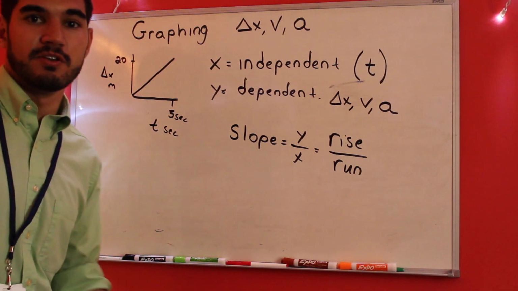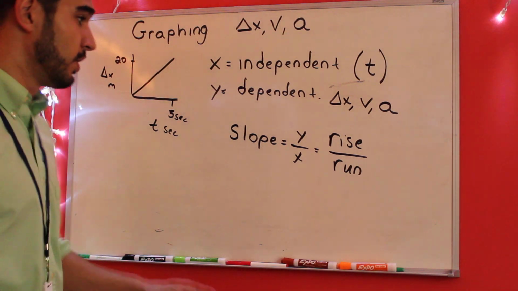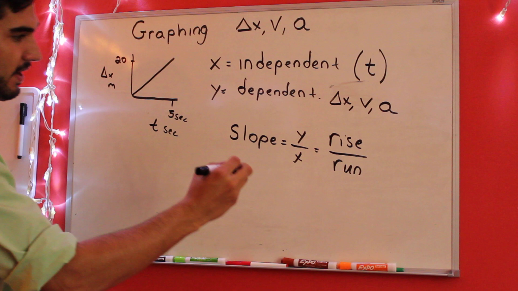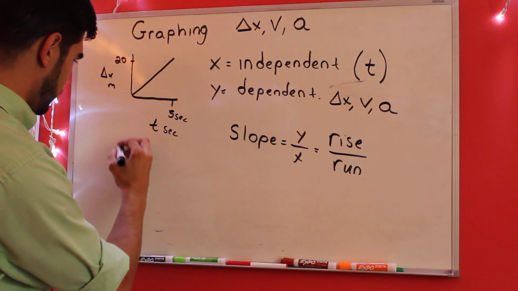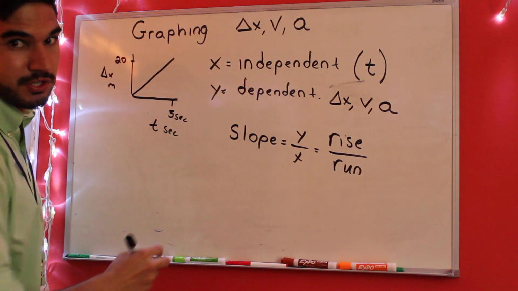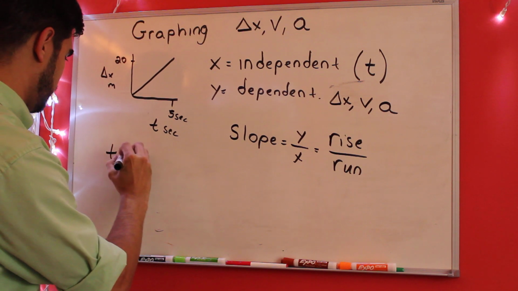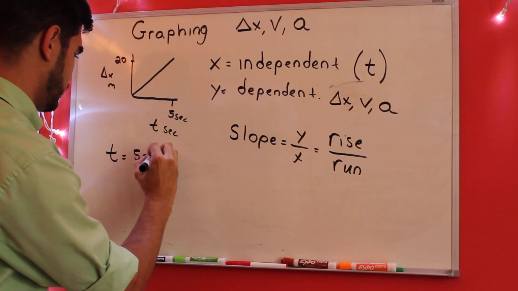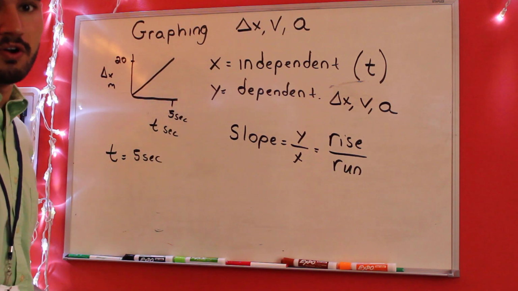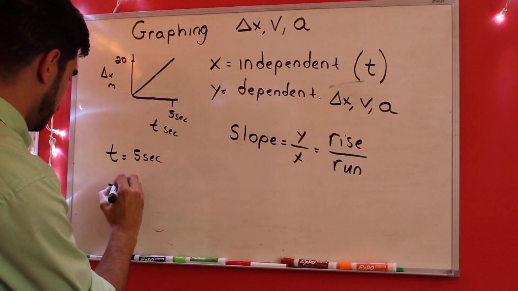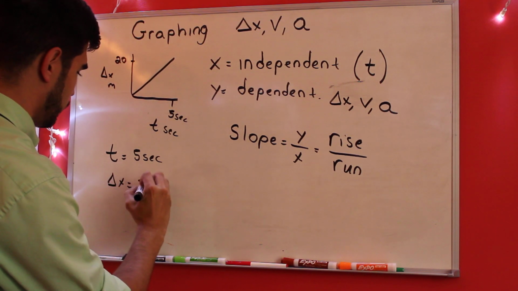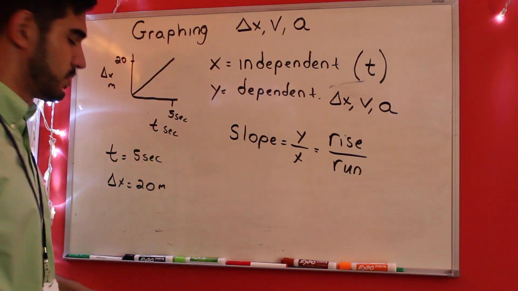We get a very interesting phenomenon here, because we know that at 5 seconds on our x-axis, our time, our displacement equals 20 meters.